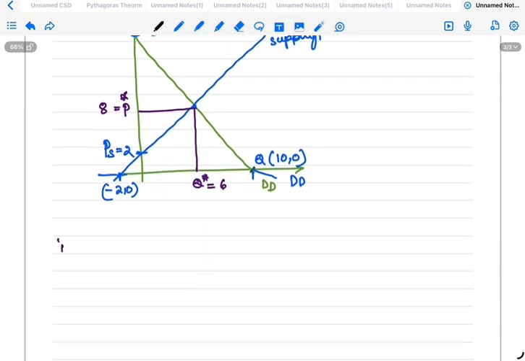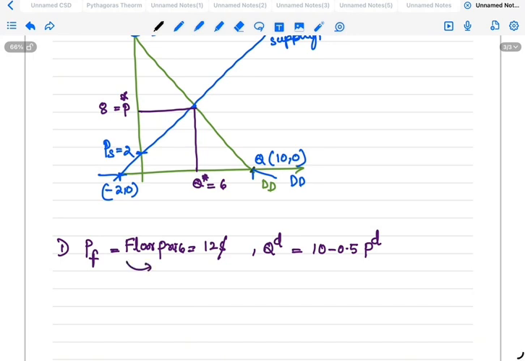Next, the given floor price is $12, and the demand function is QD equals 10 minus 0.5 times P, where P is the price.